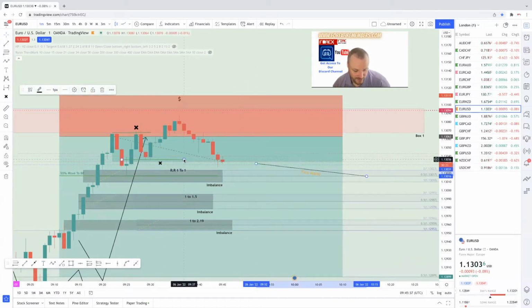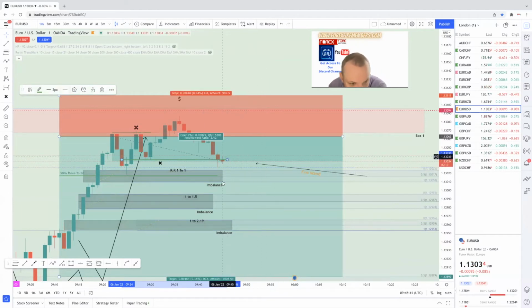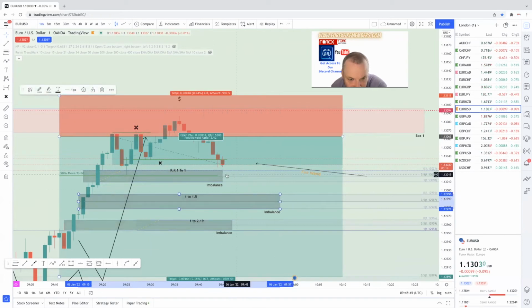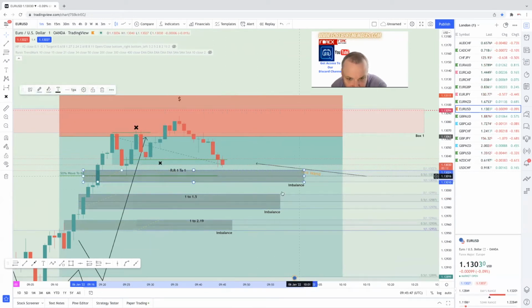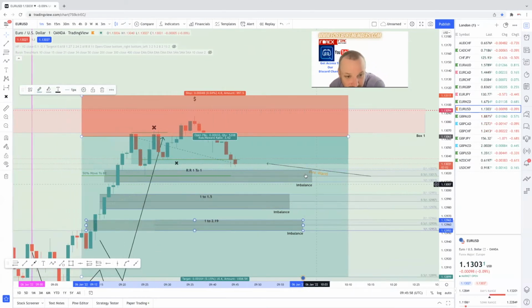Because again, if we just pan that out, now we might get the drive and the push down to the imbalanced areas. Now we'll see how strong these hold. Will we get the bounce and retests off these?